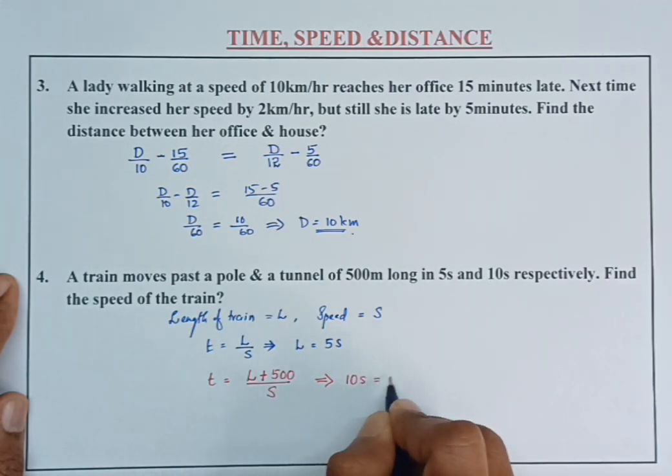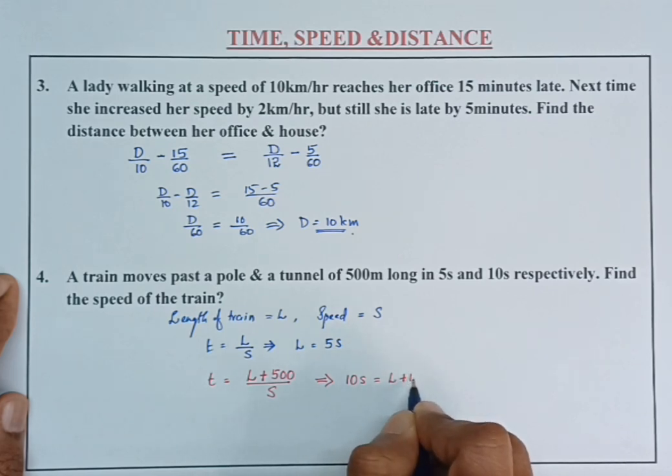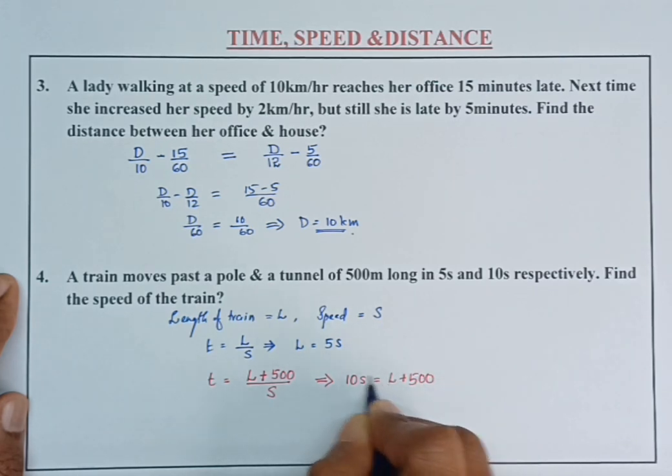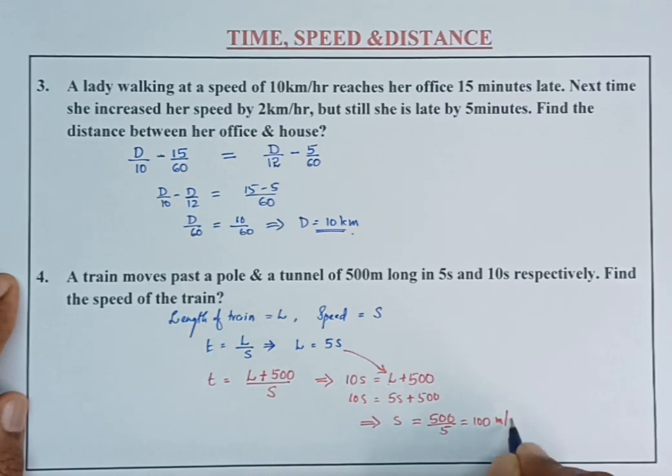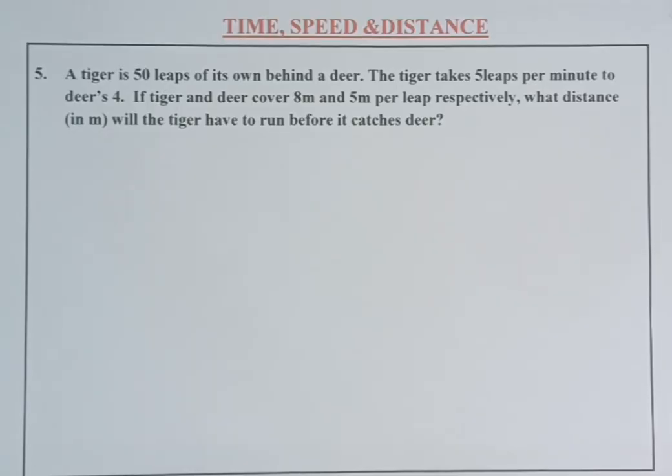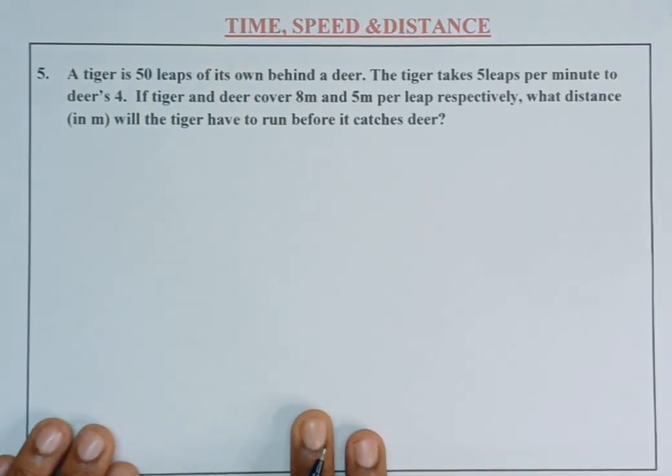So 10S is equal to L plus 500. L we know that it is 5S, so we can substitute here. Then 10S equal to 5S plus 500. This will imply S is equal to 500 by 5, or 100 meter per second.